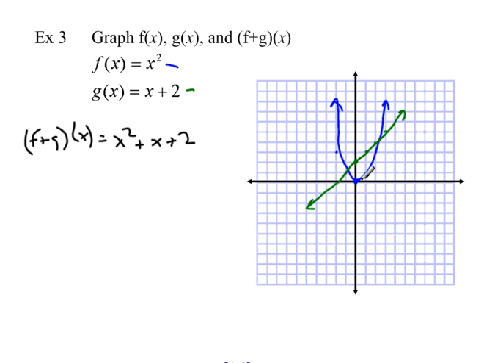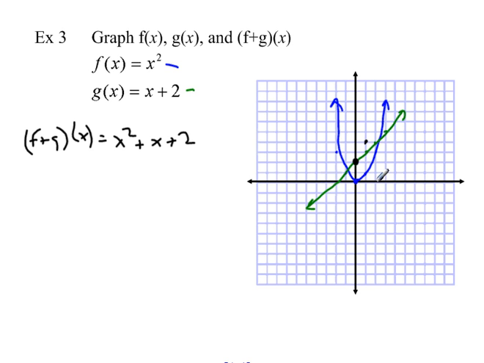For example, notice when x is 0, the blue graph goes up 0, the green graph goes up 2. 0 plus 2 is 2, so my new graph is going to be up 2 as well. When x is 1, the blue graph goes up 1. The green graph goes up 3. Add those together, you get 4. So your new graph is going to go up 4 units. So what we're doing is we're adding the y values together to give us our new y value.